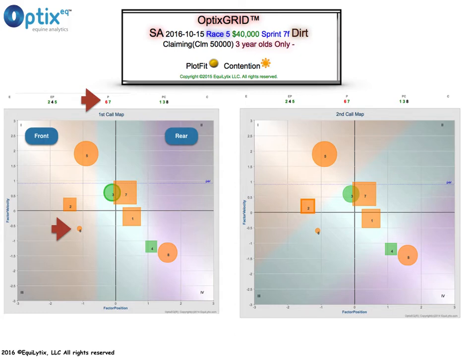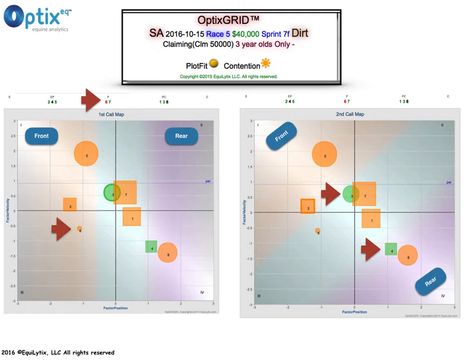So if you look at that, the first thing you notice is the 5 has an edge over the 2 and the 6, and the 6 is really kind of compromised because when you get to the second call, and we'll show you to the right, that horse is going to be behind early pressers or early pace type horses, and it's hard for them to recover. They're not going to pass horses. So again, the first part of this is the 6 looks disadvantaged from the early pace.